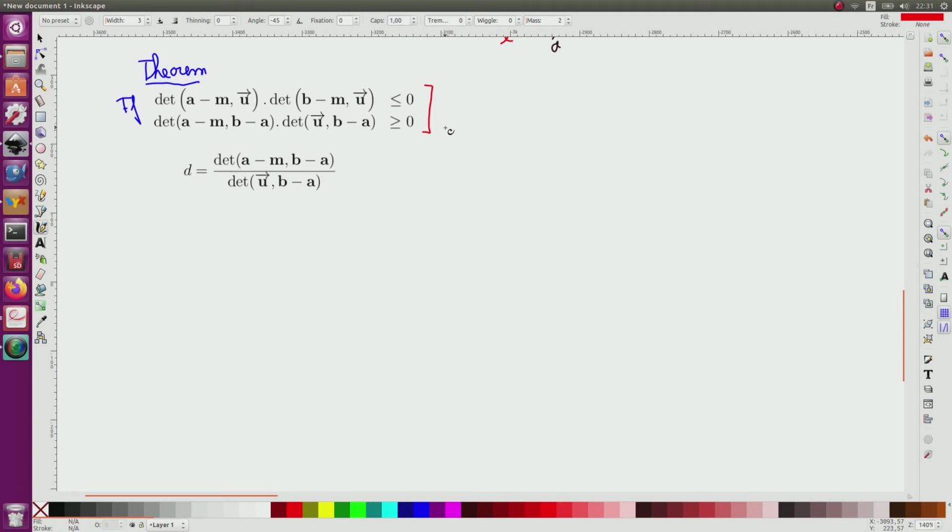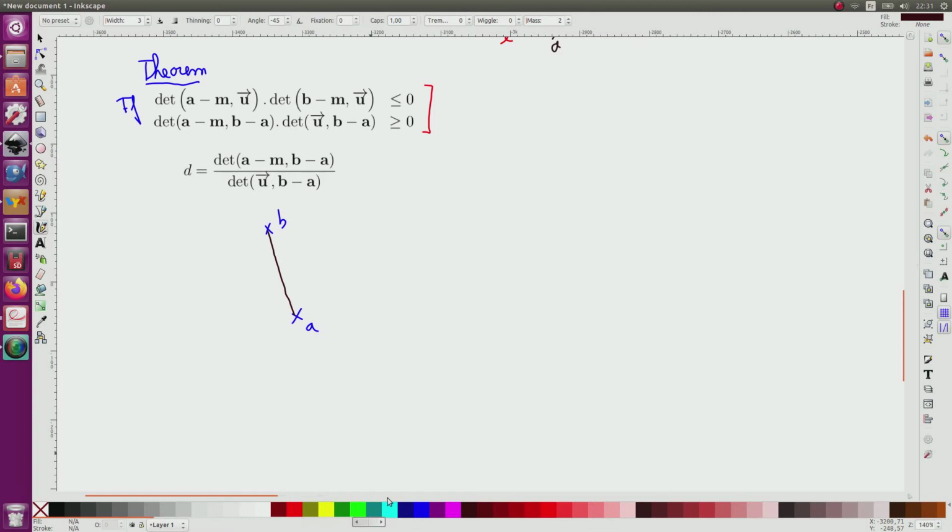So now I assume that I have this condition satisfied, and I need to compute the distance. So I will consider a situation where I have A here, B here. Here it corresponds to the segment.